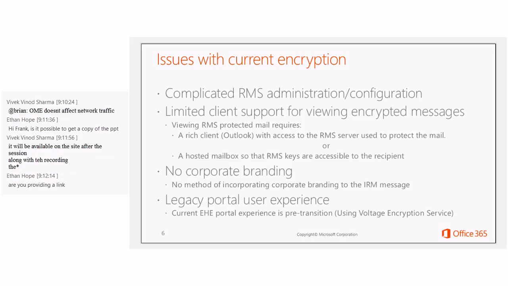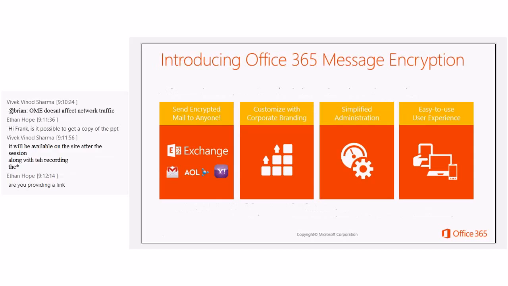All right, so to that end, we've introduced Office 365 message encryption around four central pillars, or goals, to try to address with this product. The first and primary one is to be able to send encrypted mail to anyone.